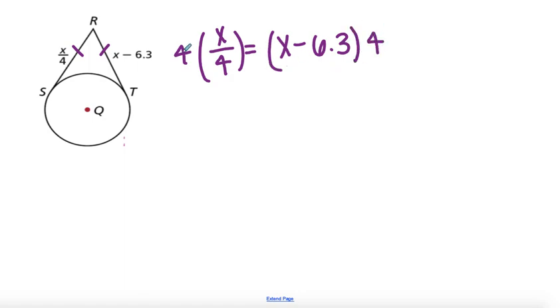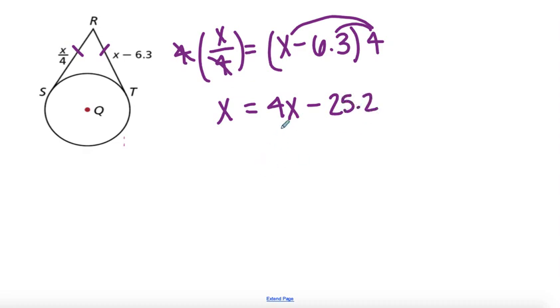And the reason why I do that is when I multiply this 4 with this x over 4, those 4's cancel. So all I'm left with is an x on this side. And on the right-hand side, I need to be careful. I need to make sure that I distribute this 4 with the x and with the 6.3. So on this right-hand side, I'm going to get 4x minus 6.3 times 4, which is 25.2.